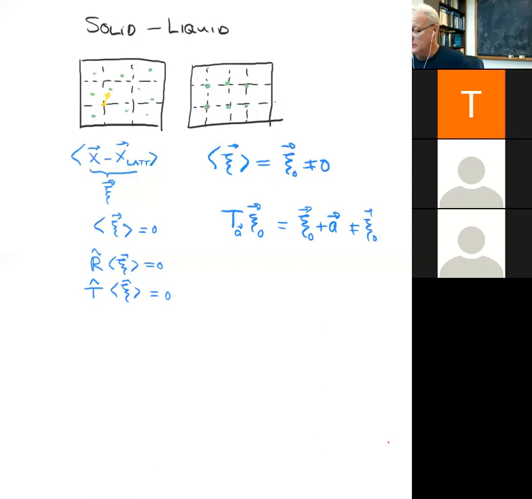So it means that in general, translational invariance is broken. Rotational invariance is broken too.